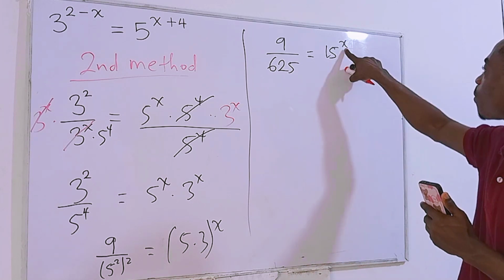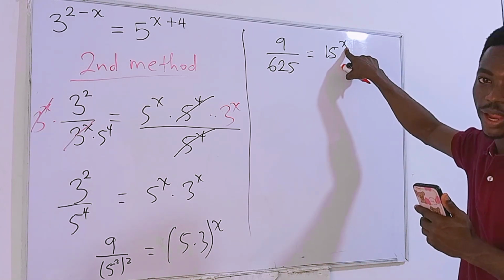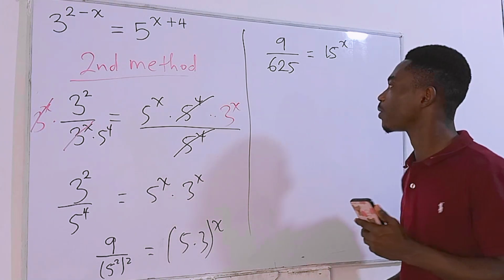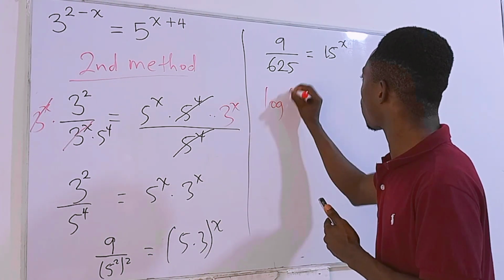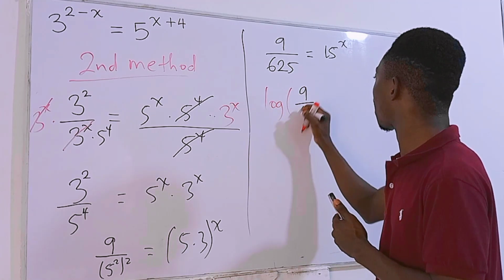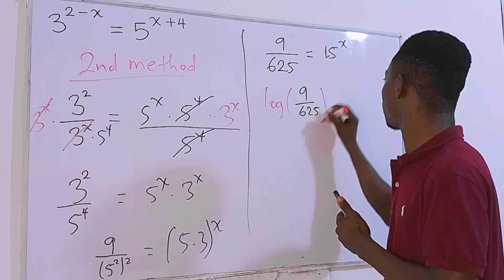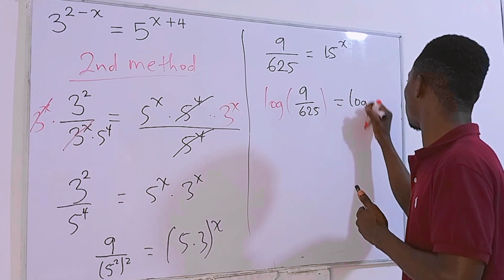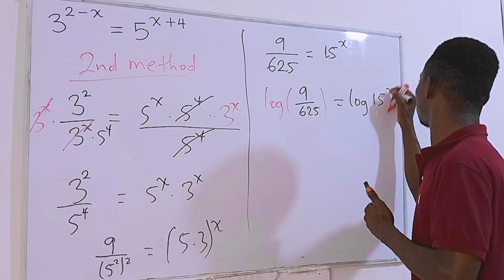Of course, we have 15 to the power x right here. We can just take log on each side of the equation. Log of 9 divided by 625, and this is equal to log of 15 to the power x.